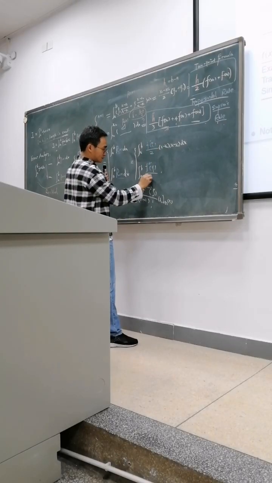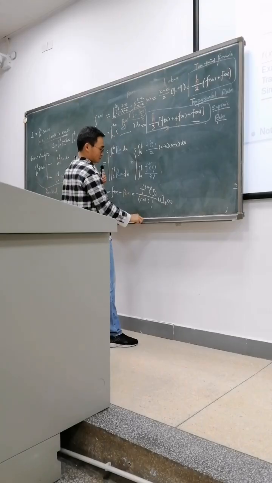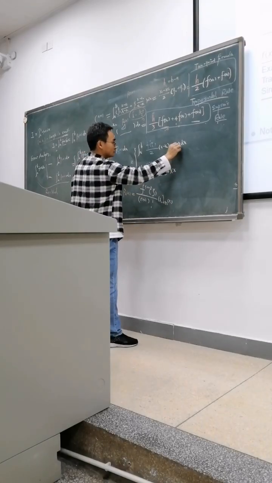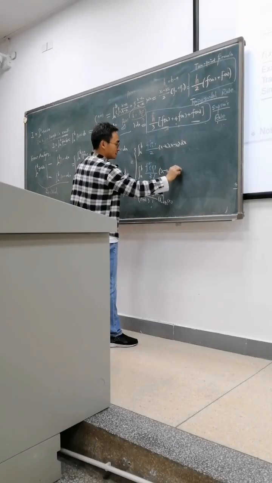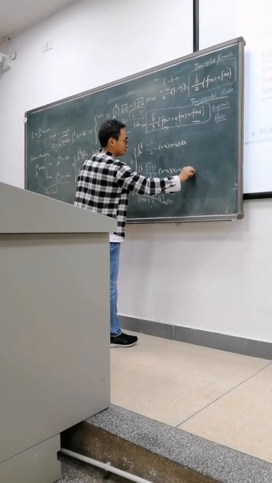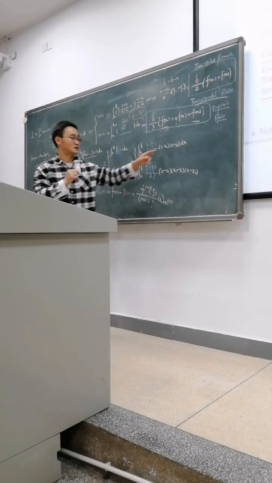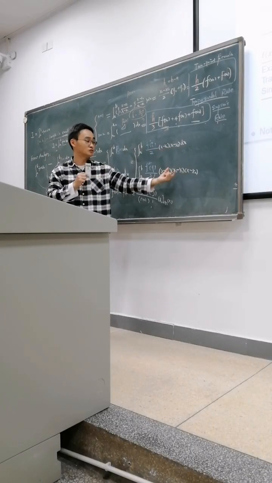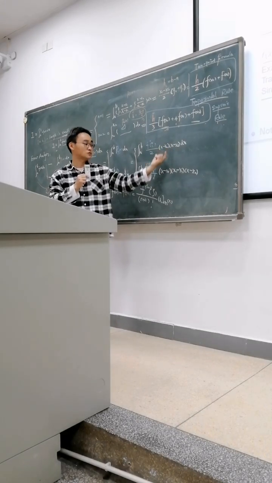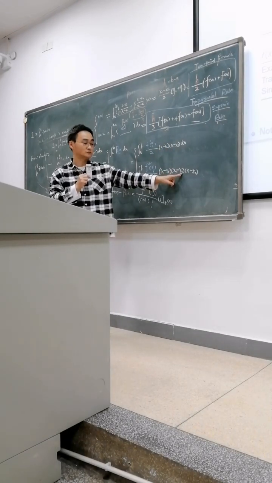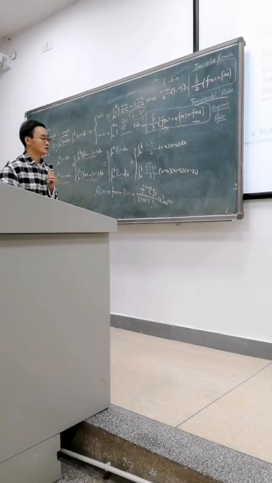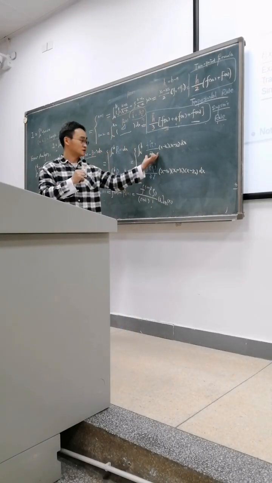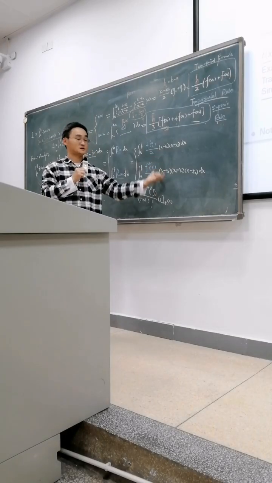So here is (x minus x0)(x minus x1)(x minus x2). We assume here are x0, x1, x2. This is the trapezoidal rule. The function will have a middle point here, x1, so we need to analyze what happens.